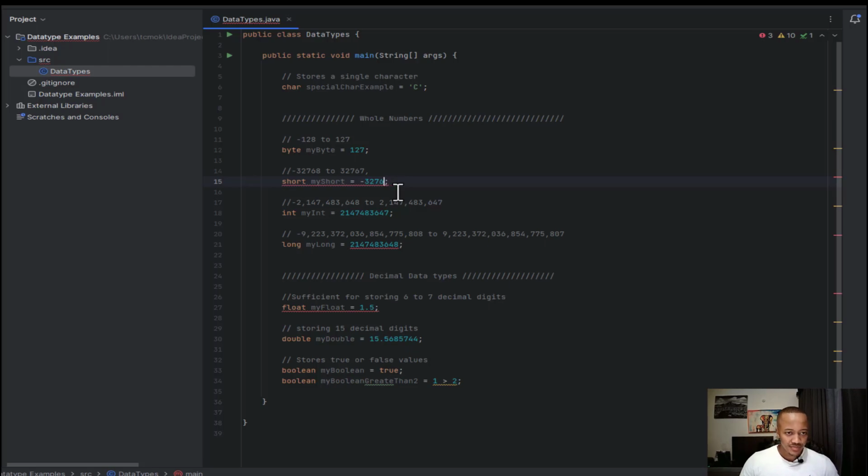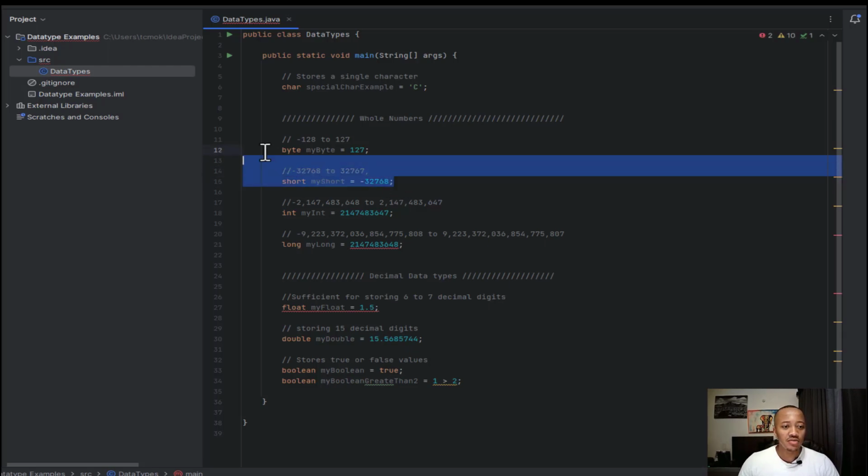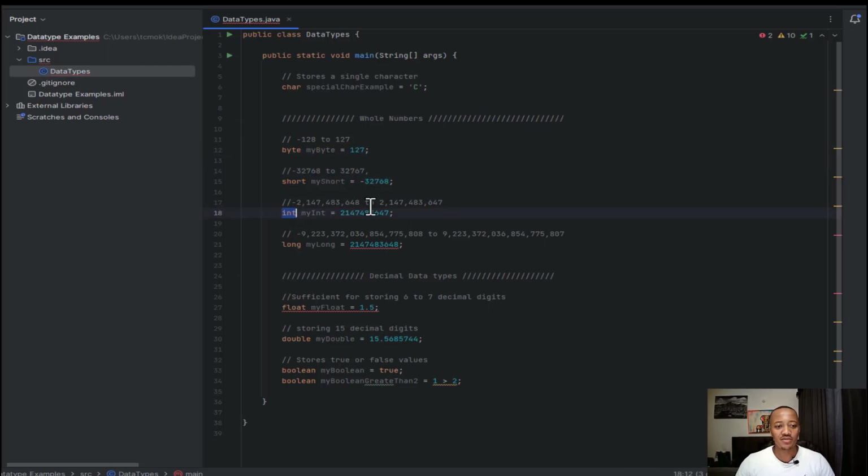Okay, but these two data types are very rarely used, and especially when you're learning programming, in most scenarios you might find yourself not even using them. You might find yourself using int, which is the most commonly used, because the numbers that we tend to use when working on applications tend to be slightly higher than byte or short.